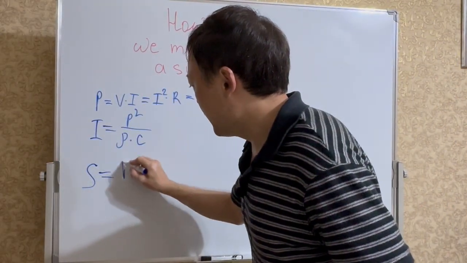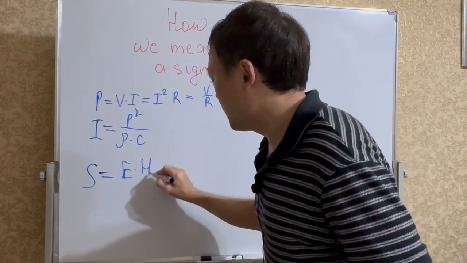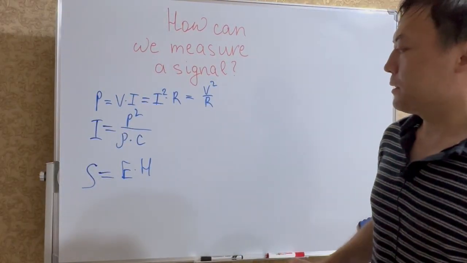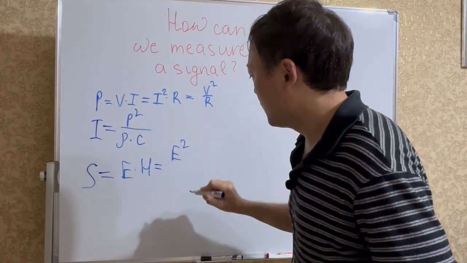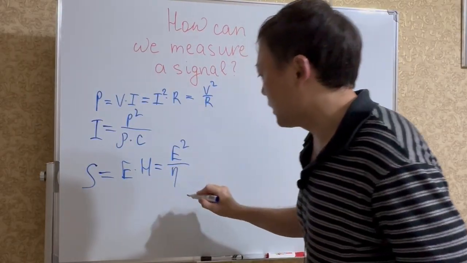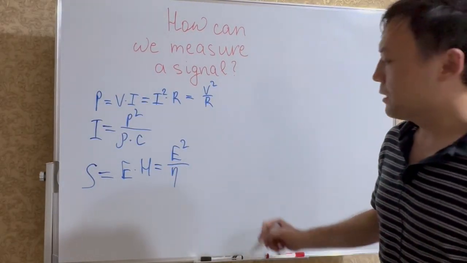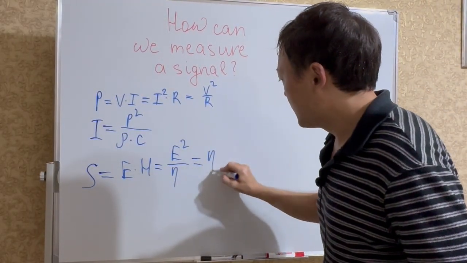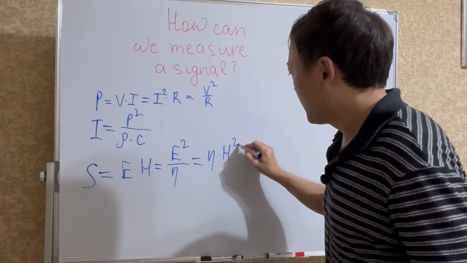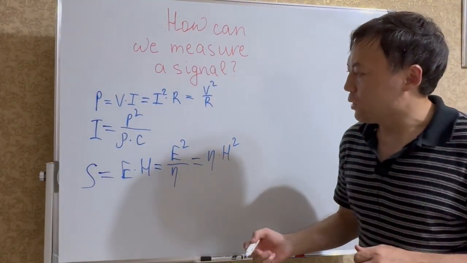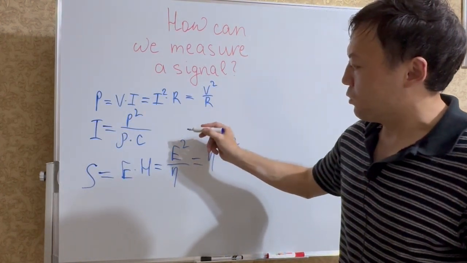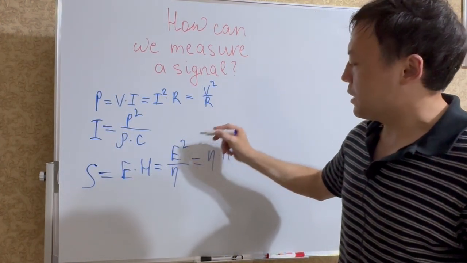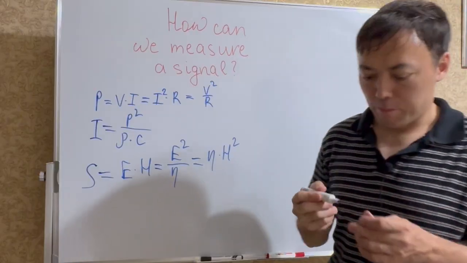It's a product of electric and magnetic field intensities. Or we can rewrite it as electric field intensity squared over intrinsic impedance of free space, or like this. So here again we can see that power density is proportional to the square value of electric field intensity or magnetic field intensity.